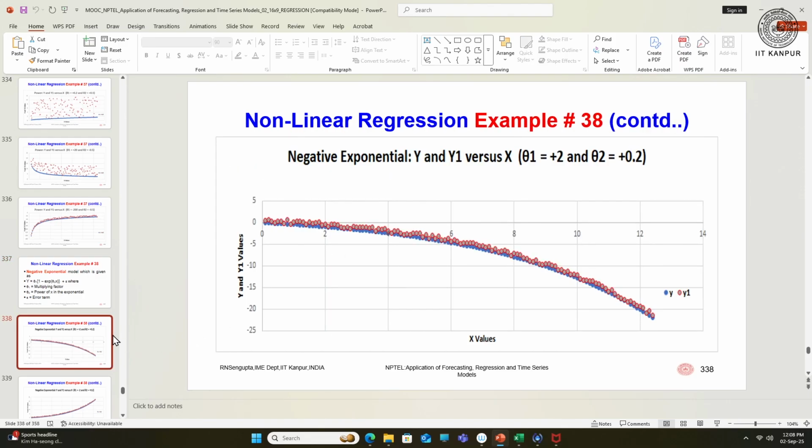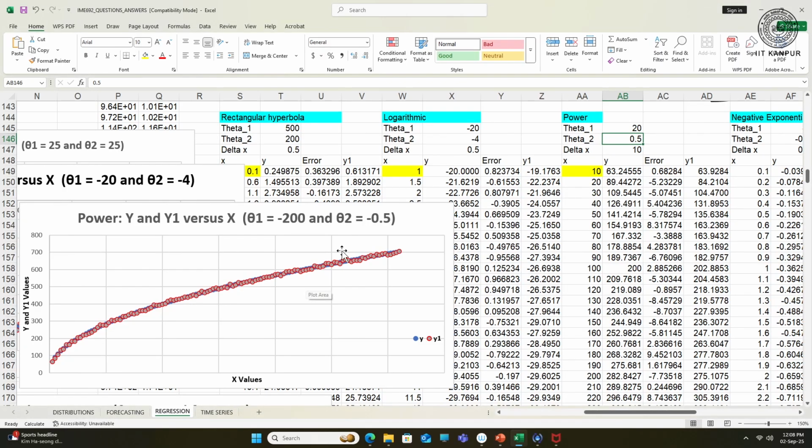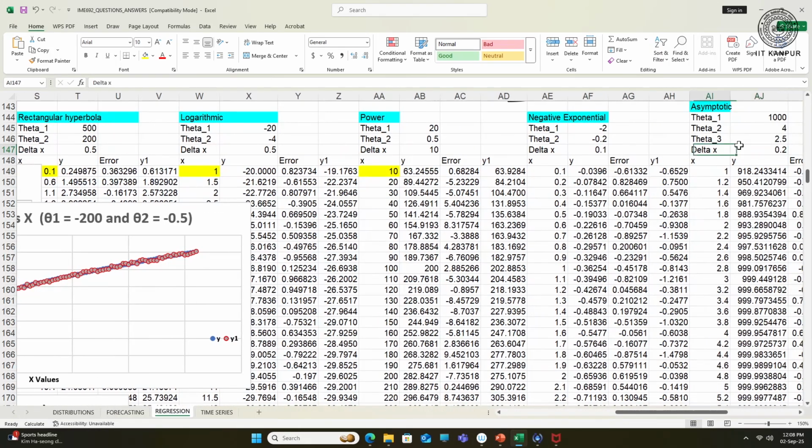So, let us now check the simulation data. This is one snapshot for considering theta 1 as plus 2 and theta 2 as plus 0.2. So, here the simulated data sets are given, negative exponential, theta 1, theta 2 given, delta x is 0.1, x is 0.1.